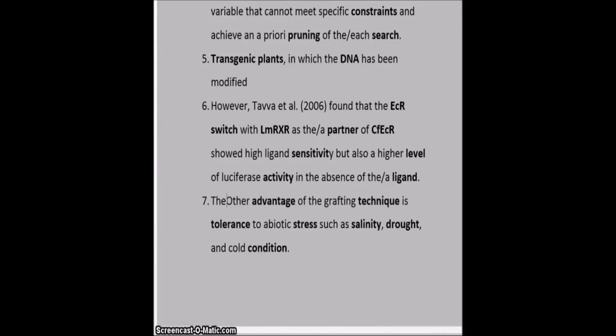Now, if it's not specific, and there are more than 2, and this might be the second one, and there may be 5 advantages, it would simply be one more, and because it begins with a vowel, you would say another advantage of the grafting technique. Now, the here is used in the sentence, not because of grafting, but because we know what the grafting technique is.